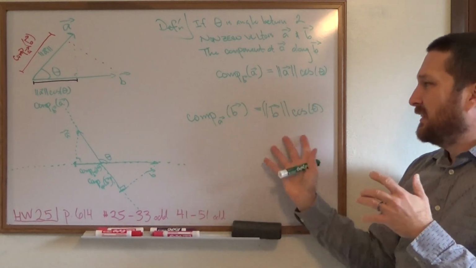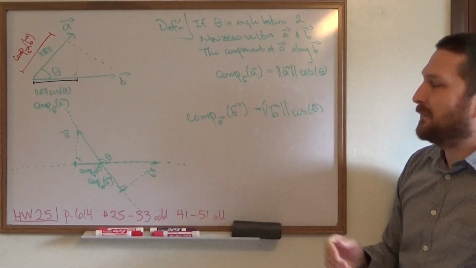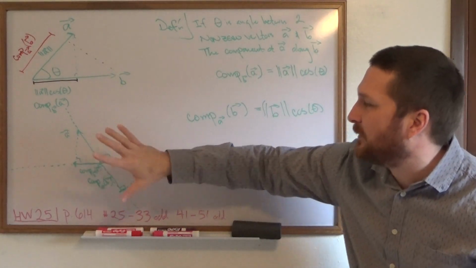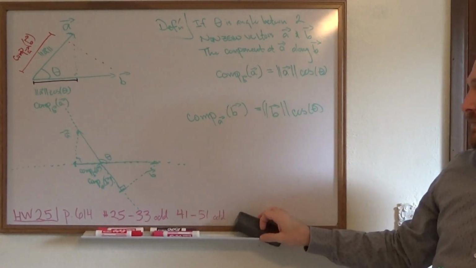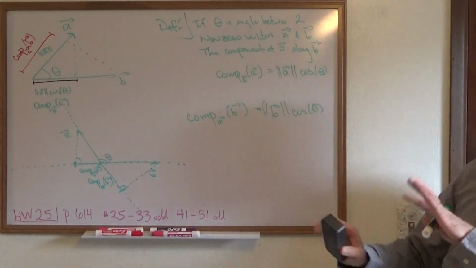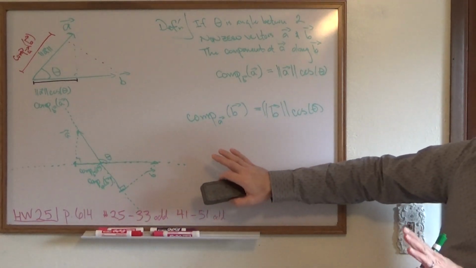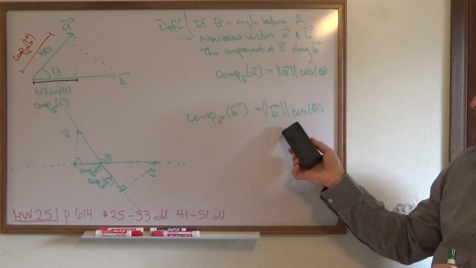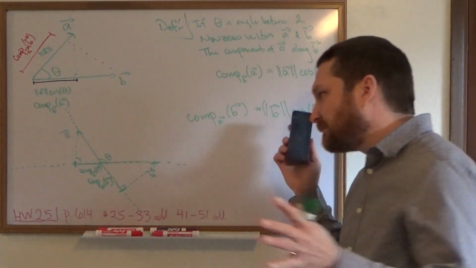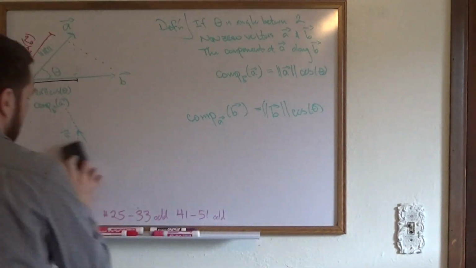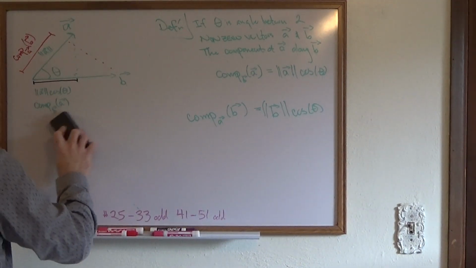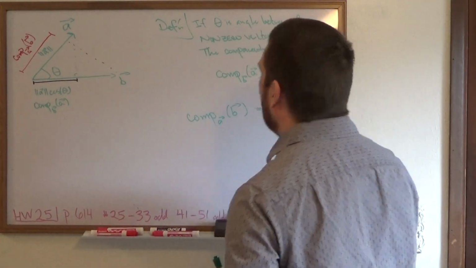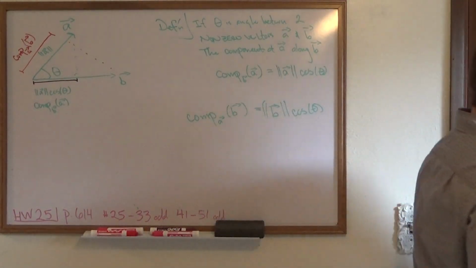I hate to say just plug it into the formula, but you could really break your brain if you think about the geometry too much here. It's one of the few times I'm going to say you could kind of leave this alone as long as you get the general idea that this is what this does. So just be careful. Okay, so now check this out. This is the cool thing. This is where it gets interesting.